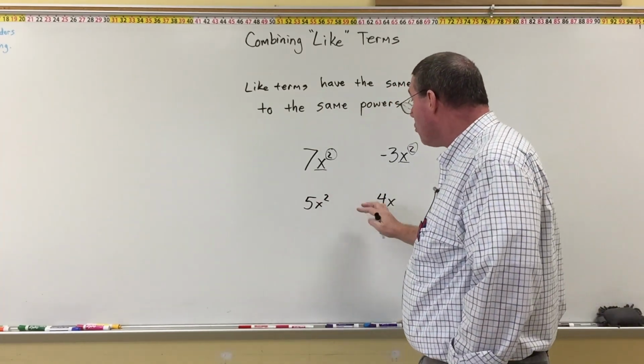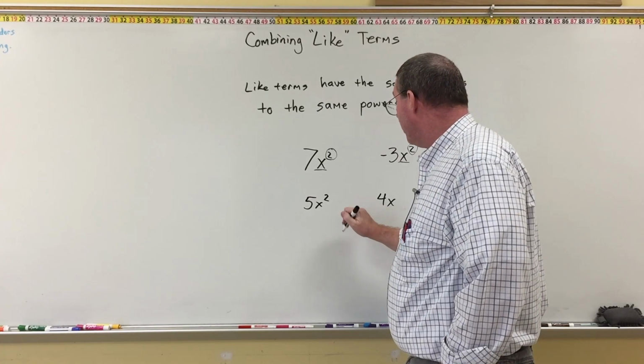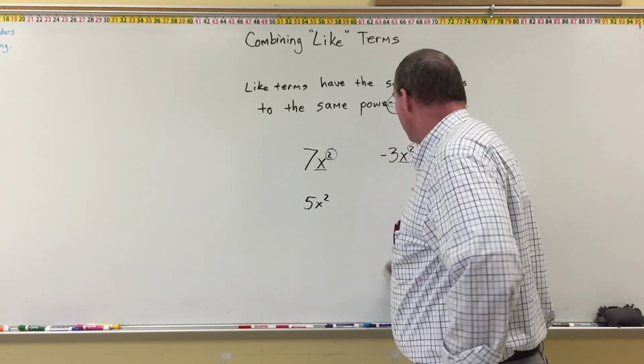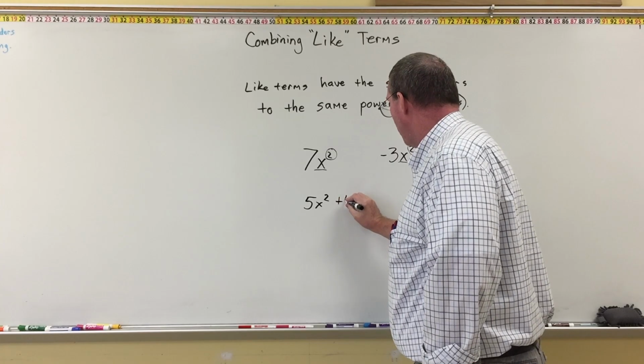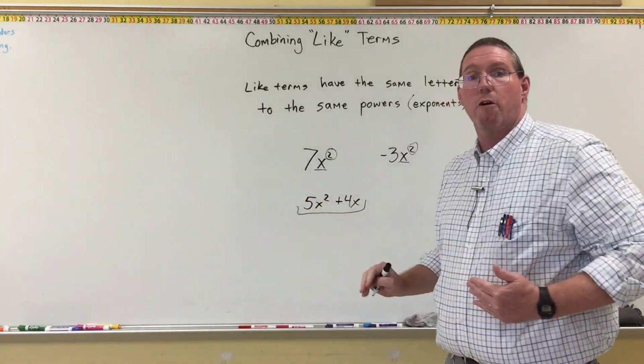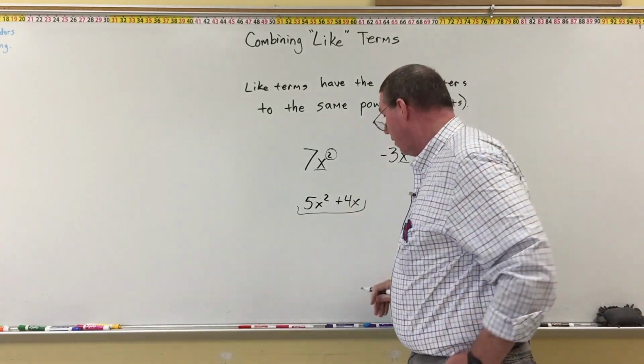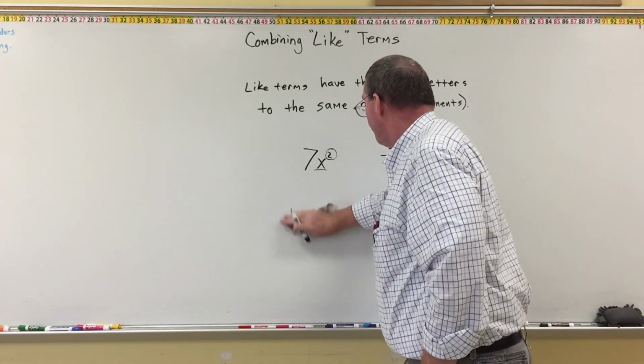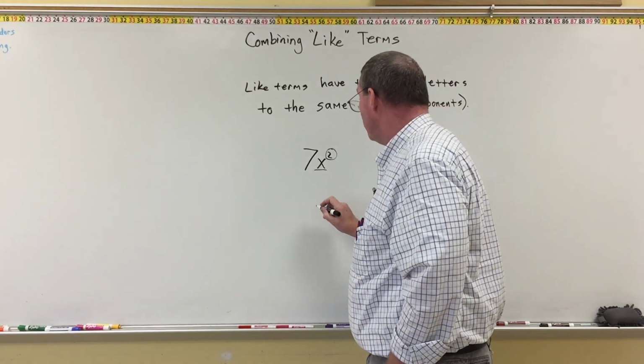They can be set next to each other in an expression. We can have the mathematical expression 5x squared plus 4x, but we cannot combine them into a single term to simplify the expression.